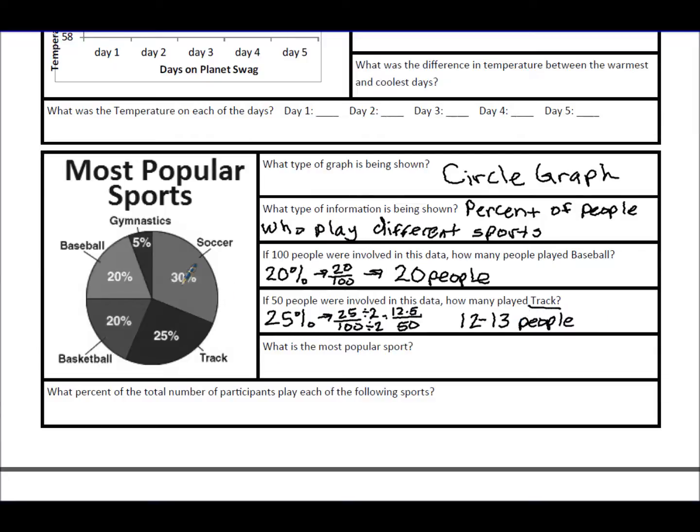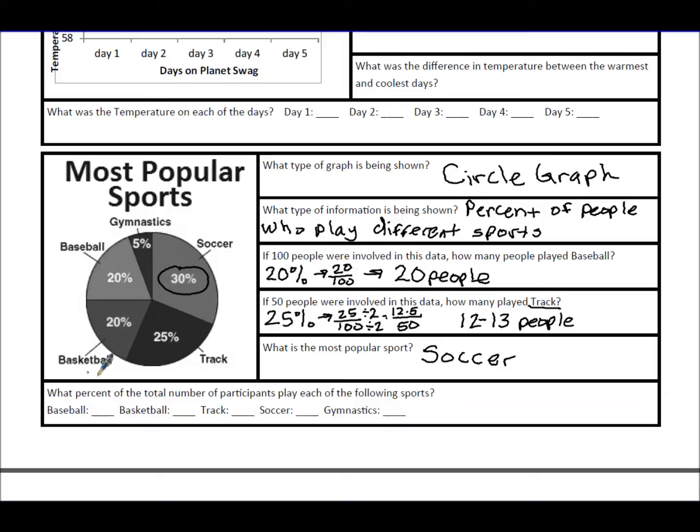What's the most popular sport? We look for the biggest section, which in this case is soccer, at 30%. So we see that the 30% is pretty easy to see. It is the biggest number, but the biggest section is what you might see because you don't always have that percent shown on each sector or category.